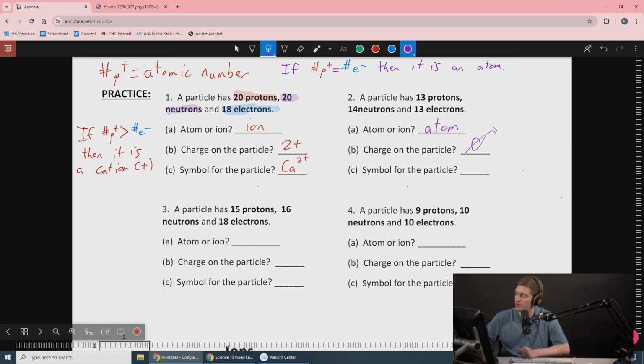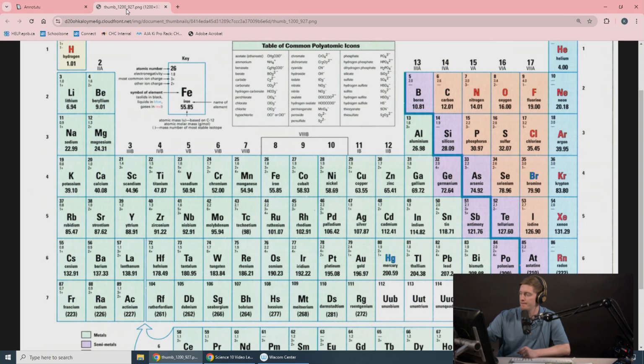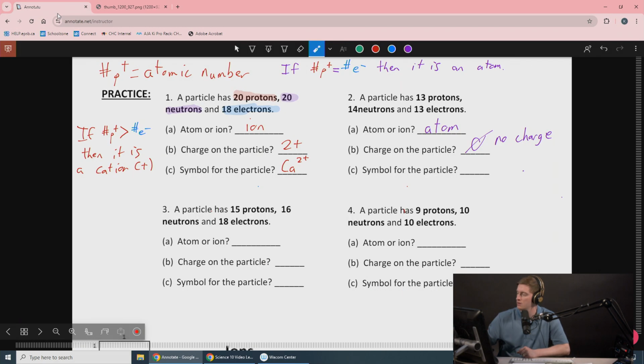The charge on the particle is 0, or you can write no charge. The symbol for the particle, find atomic number 13, which is aluminum. So our symbol is going to be Al. You don't need any charge on it because it's an atom. We don't put a little 0, it's just Al.